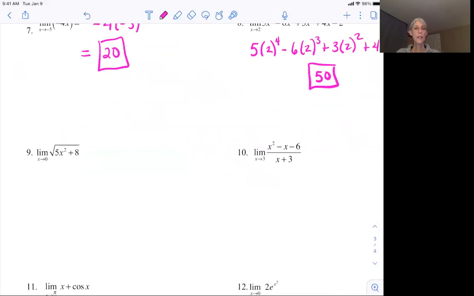Any function that we can evaluate, we can now include limits. So a square root, that's not a big deal. The limit as x approaches 0, I'm going to replace x with 0, and I get the square root of 8, which is 2 rad 2.